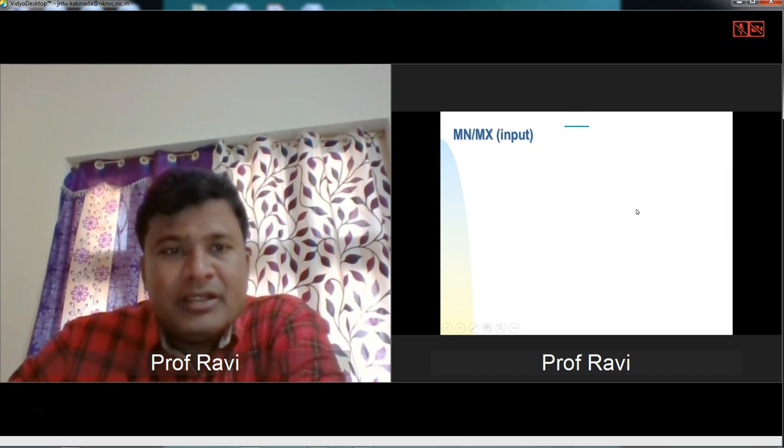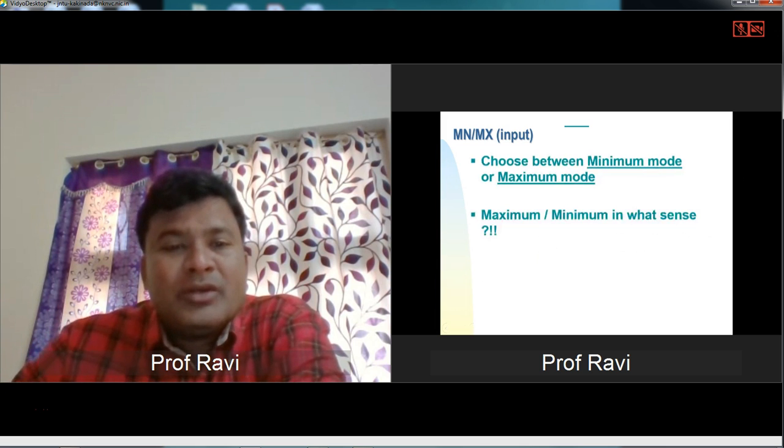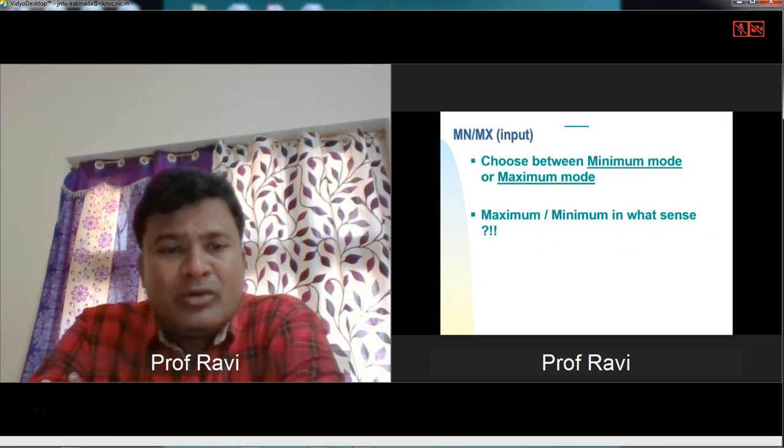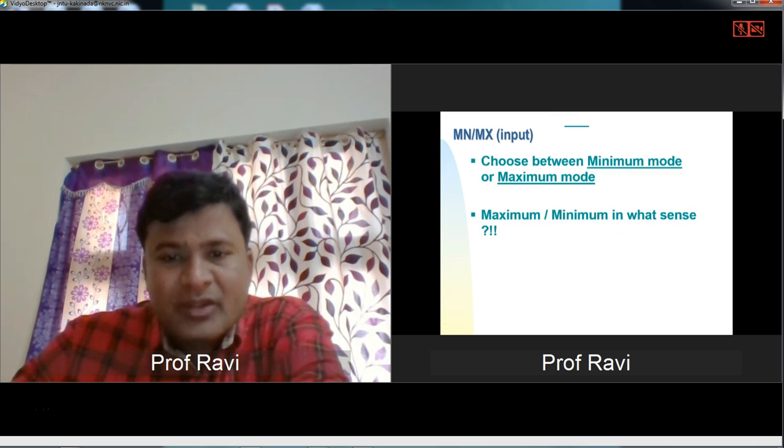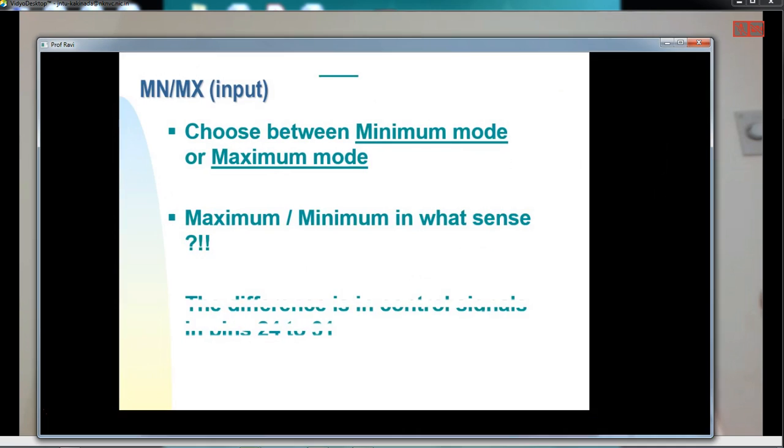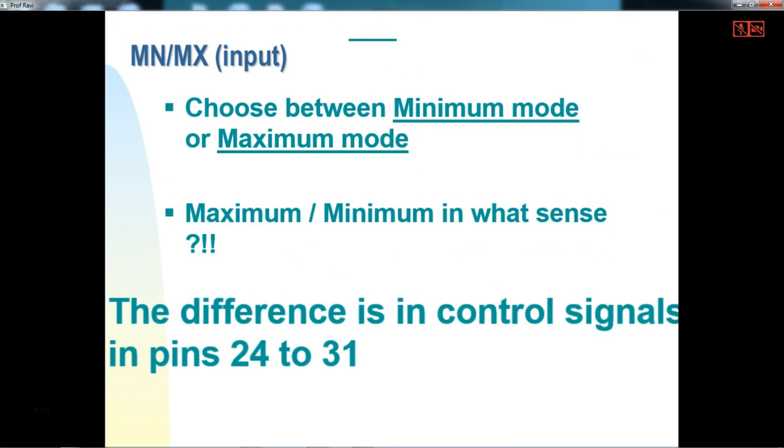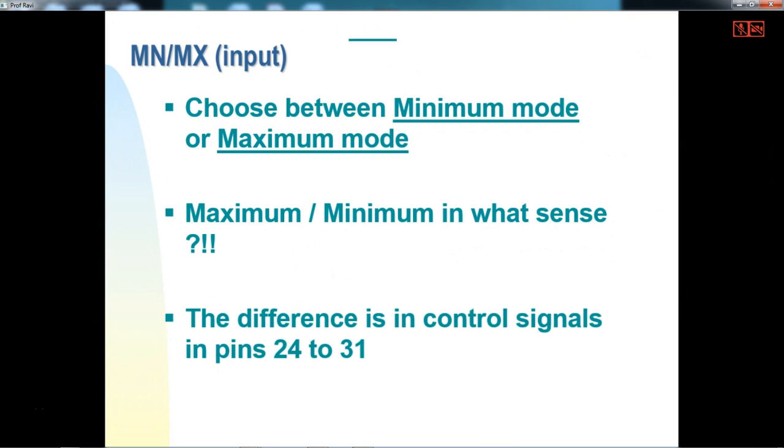So here you have to choose between minimum mode or maximum mode. The difference is in the control signals, the 24 to 31 pins are different.